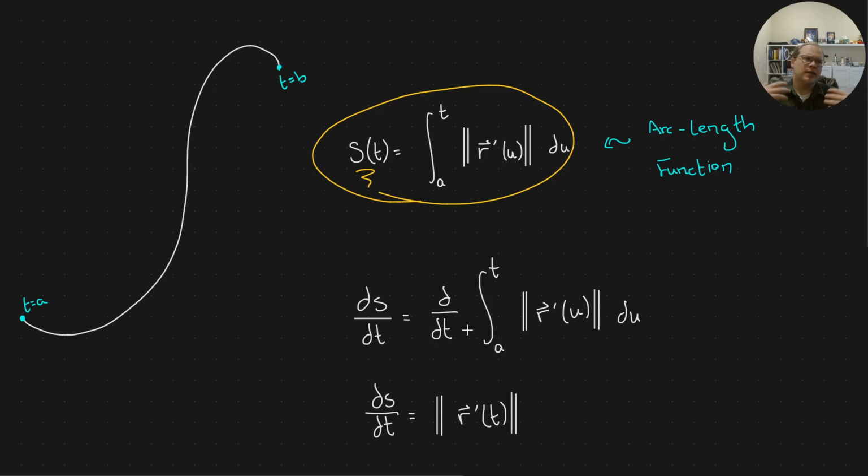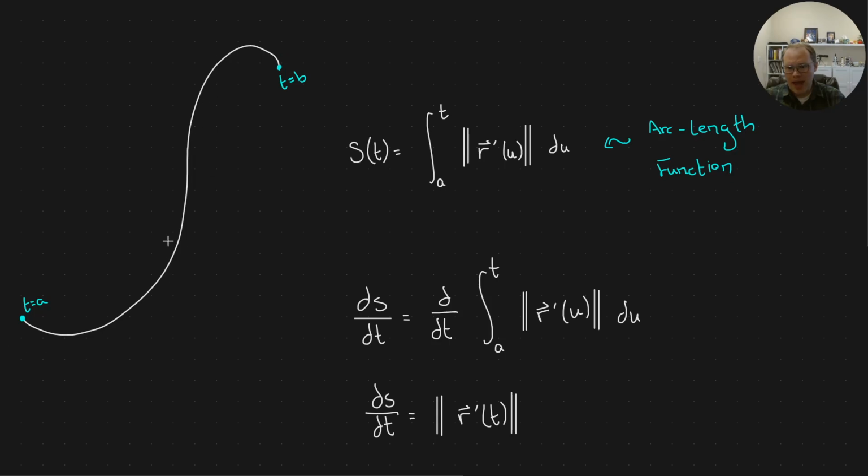It gives a clear way to describe any curve without having to worry about the parameter, because we're going to standardize which parameter we use, if we use the arc length itself as a parameter.